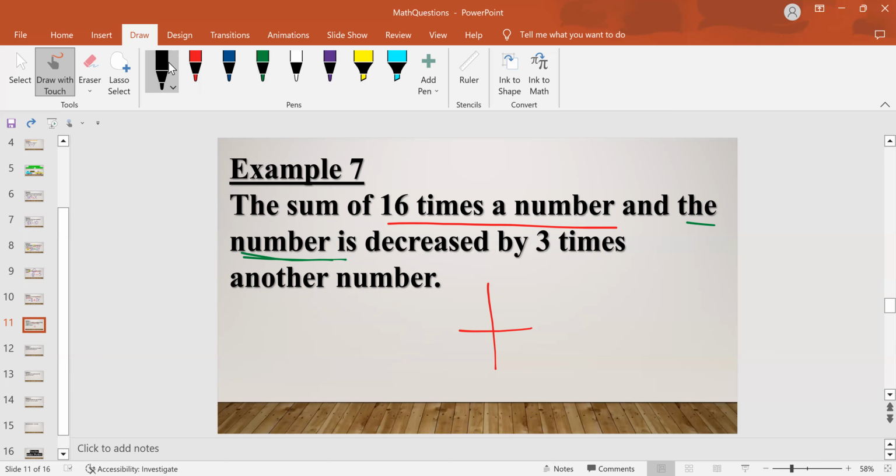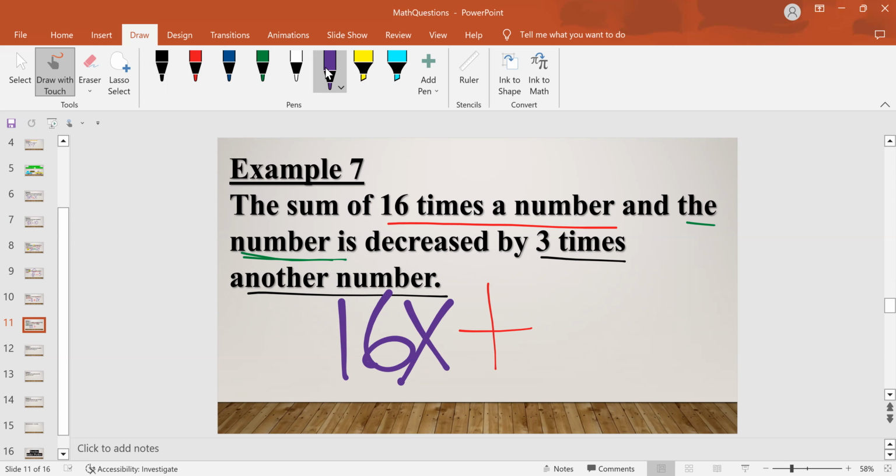Okay, let's see what is going on here. We have 2 different operations. We have a plus and a minus. The plus is the sum. We have 16 times a number. So we know that's going to be 16x. And the number. So that number is x. They don't say another number. So it has to be the same number.